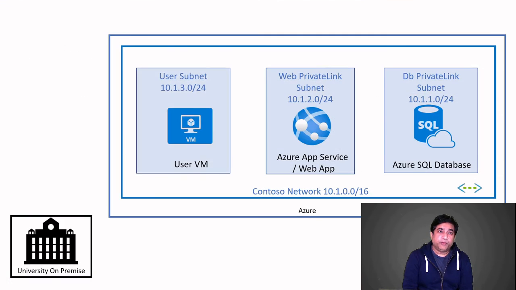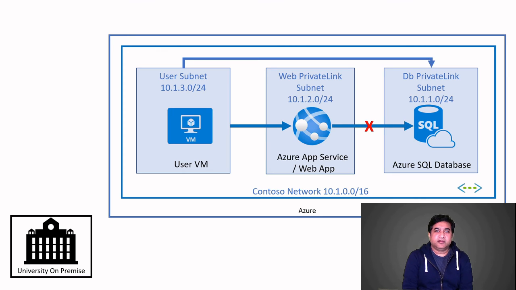Users can also open SQL Management Studio to connect to the Azure SQL database. Can the web app connect to the SQL database? No. Private Link allows inbound traffic from the network, but the actual service cannot make an outbound call to another network resource.